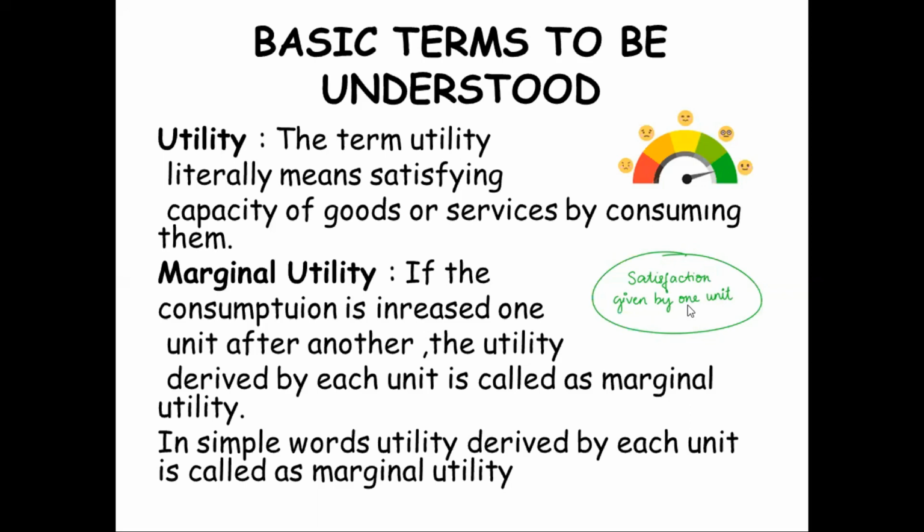Whereas the total utility would be the sum of both, which is 35. So basically, marginal utility is the extra utility which keeps on adding as you go on consuming the same product again and again. It is also called the additional utility which you derive by consuming the same product.